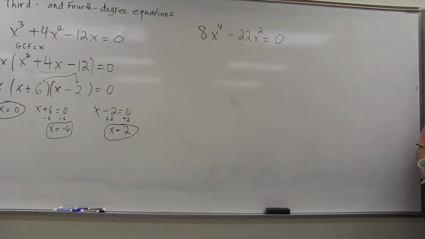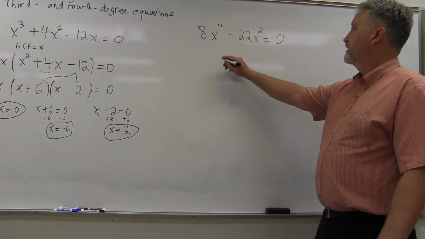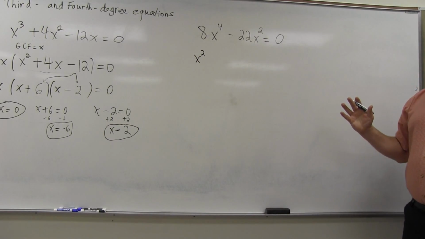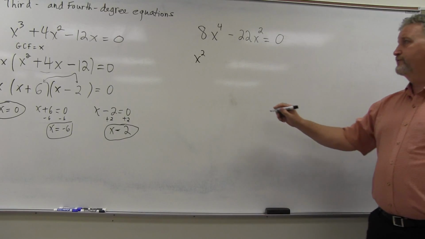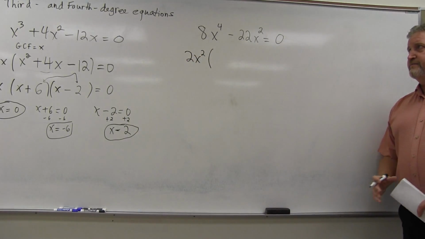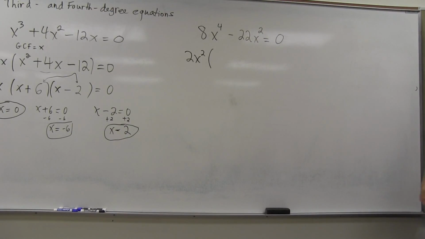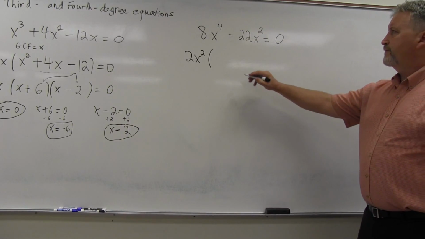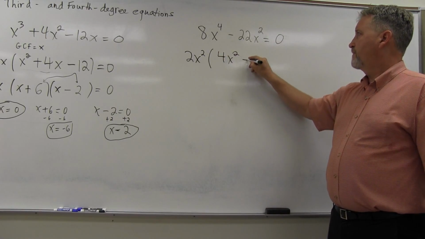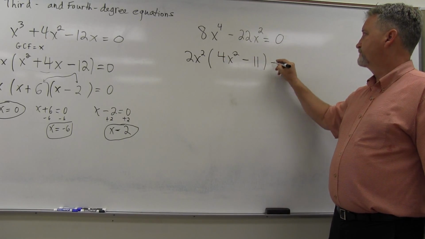All right, well, what do you got? Any factoring? X squared. Got to bring out an x squared, and if we see it, we could go ahead and do a little more. 2. We bring out a 2x squared. The x squared is the main, but the 2 will help as well. But anyway, if we bring out 2x squared, that'll be 4x squared minus 11.